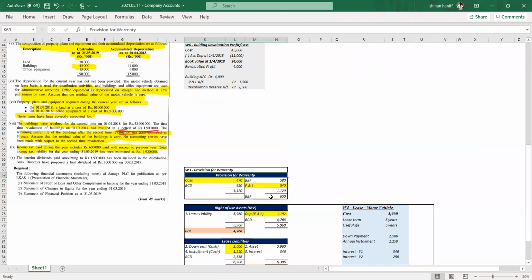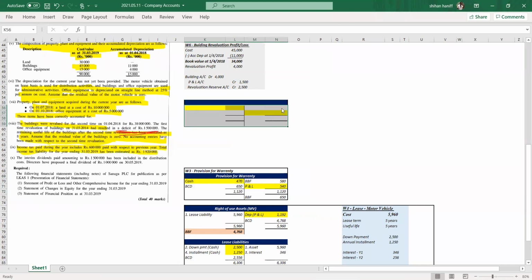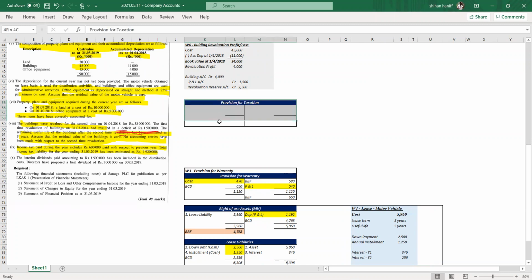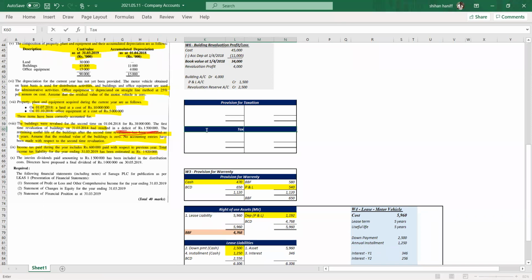We can use two ledger accounts for the income tax: provision for income tax account, provision for taxation account, and taxation expenses. Two ledger accounts.